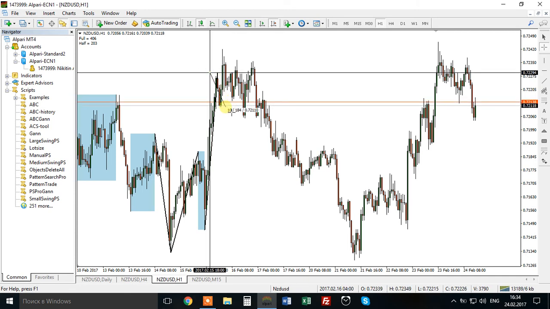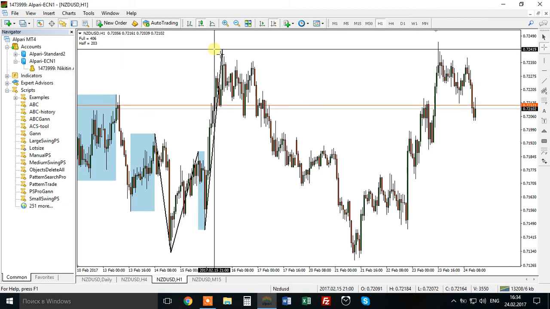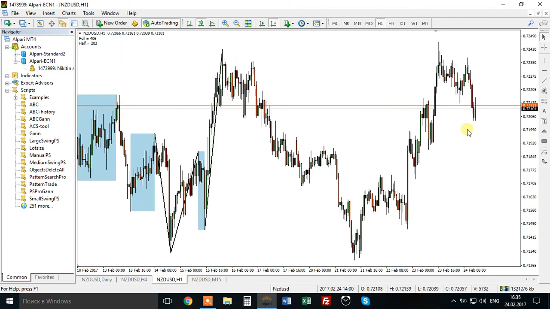What does it say? 18.4. The second number right to that cross, 18.4, shows the range. Should skip it. Okay, do we have 203 here? Easily. So we had a correction. Then we had a retest like this.